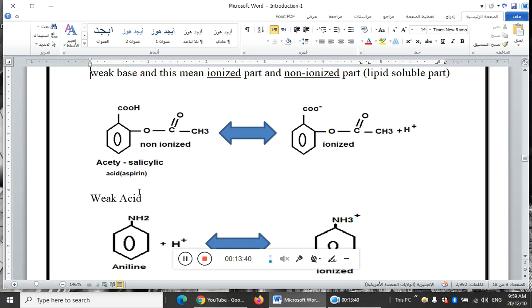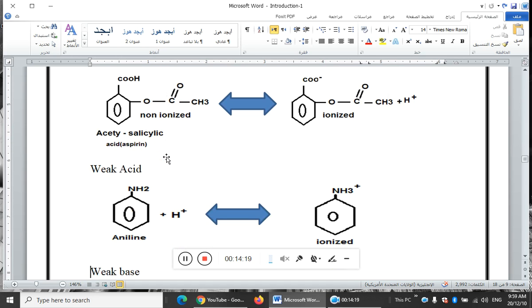If the aspirin, which is a weak acid, is in high pH, base, that means there are a lot of hydrogen ions, so there is no need to lose hydrogen ion here and become ionized, so it will stay non-ionized, and this is the important part of the drug.